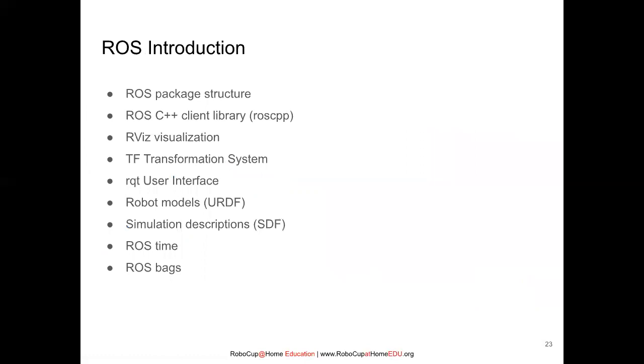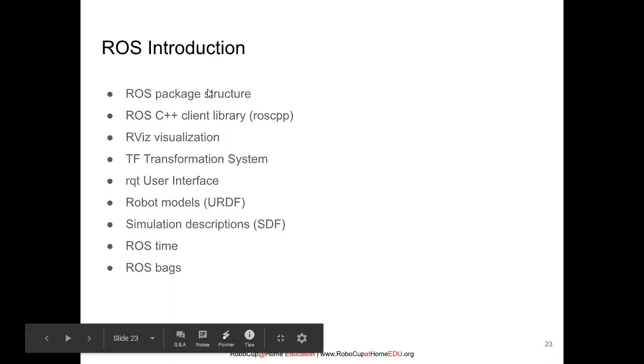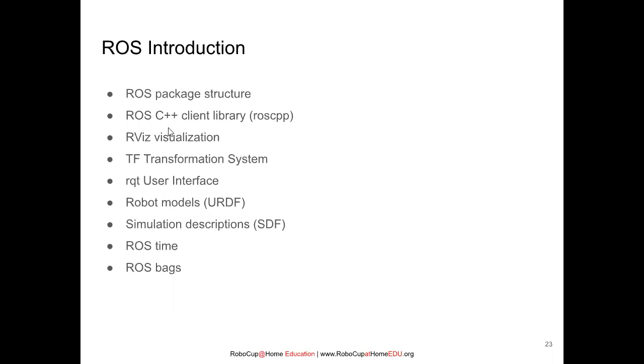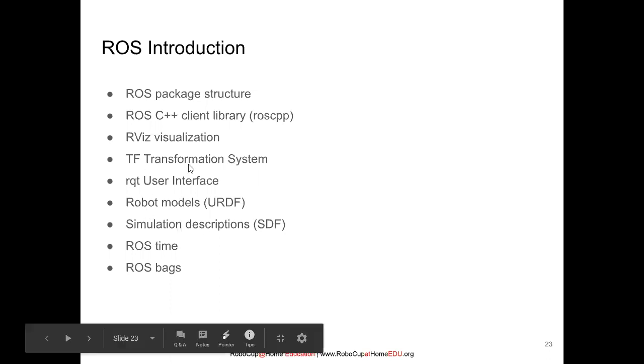Before I end this session, there are actually many things that I could introduce that you might need to know, but I can't finish within this session, or I would need more sessions to introduce more about ROS. So these are a few things that you might want to know. First is the package; just now we ran the example, so you have libraries you can use and how to call them. Then visualization, TF, and RQT.